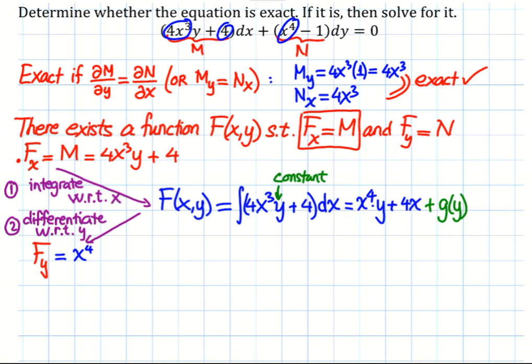The derivative of y is 1, so we just have times 1, plus the derivative of 4x with respect to y. 4x is a constant with respect to y, so that will be just 0. And then the derivative of g of y with respect to y, we will write g prime of y.